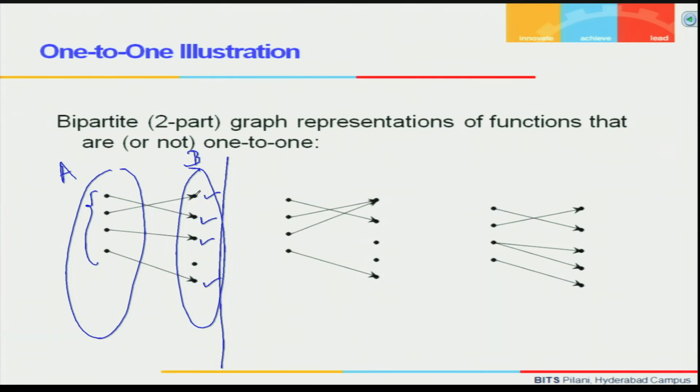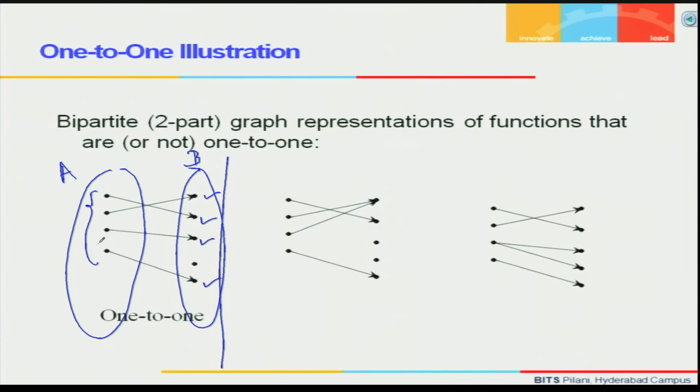This guy is having how many pre-images? Only one pre-image. How many pre-images does this guy have? Only one. Hence this is a one-to-one function.